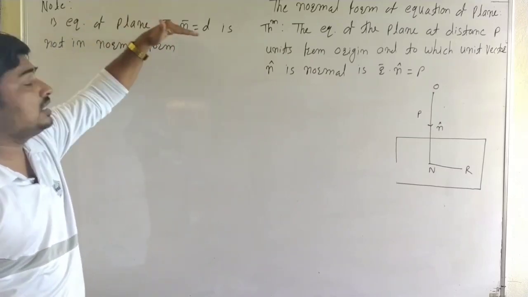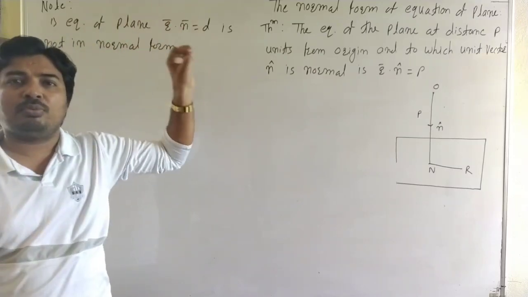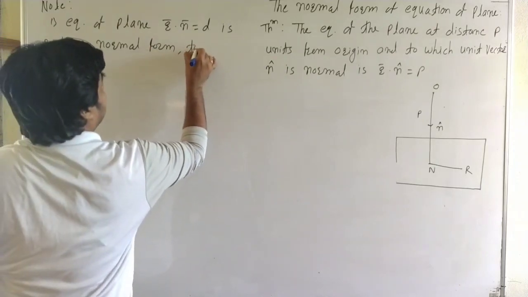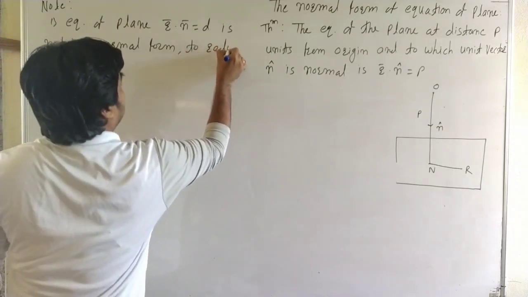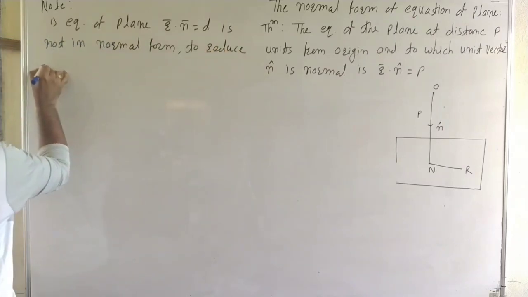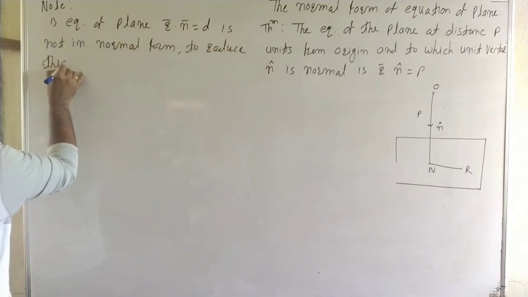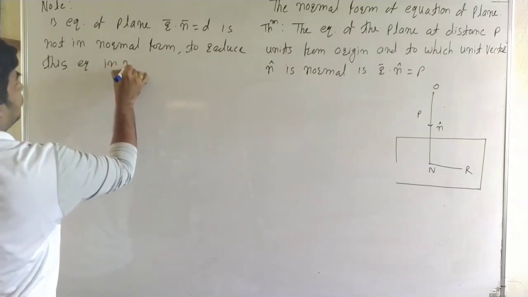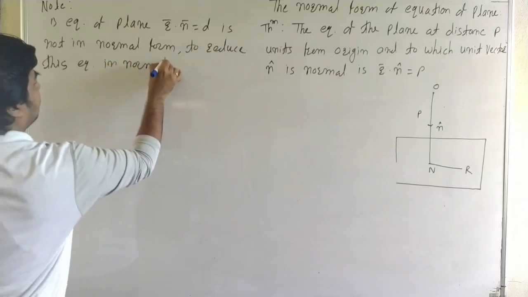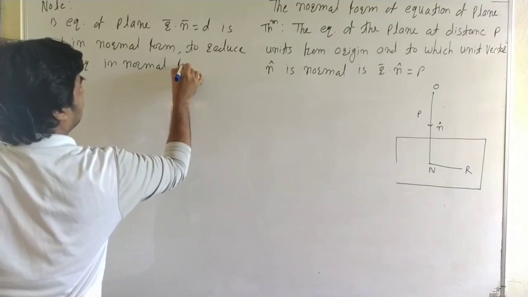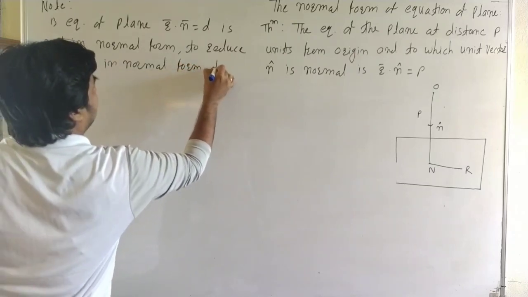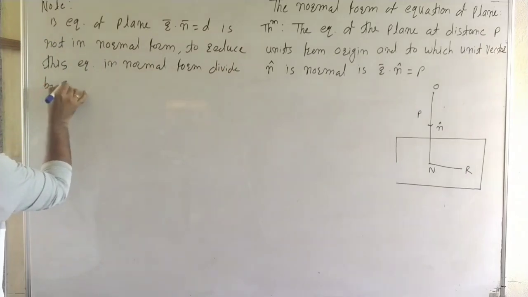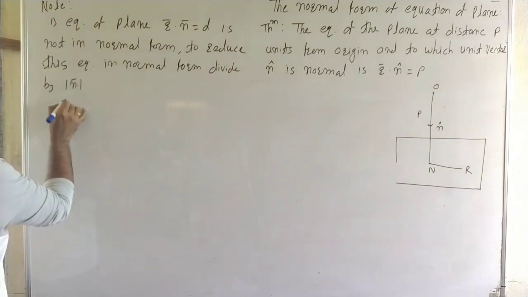So we divide this equation by the magnitude of the normal.